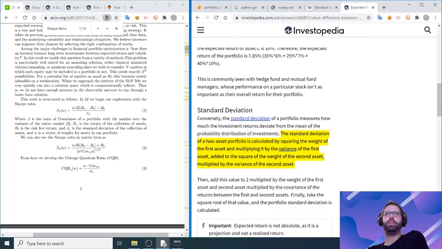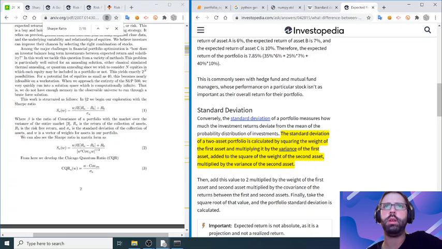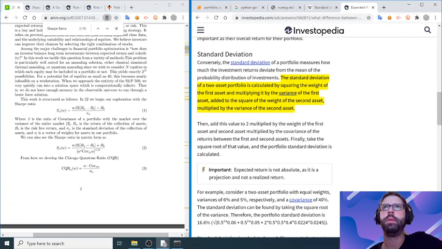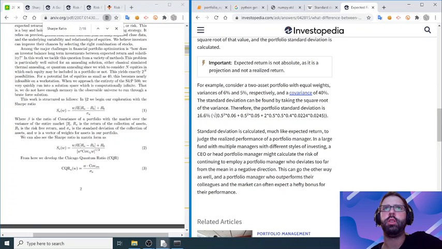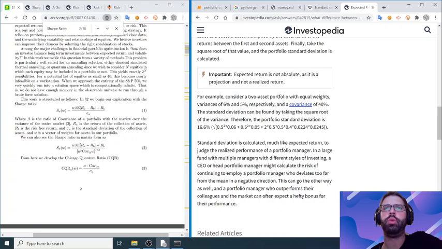How much the investment returns deviate from the mean? Okay, so it's the square root of, and then you're squaring the weights of each asset times their standard deviation. Okay, cool.